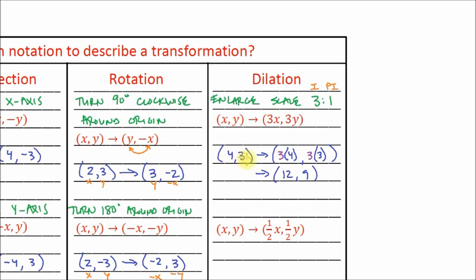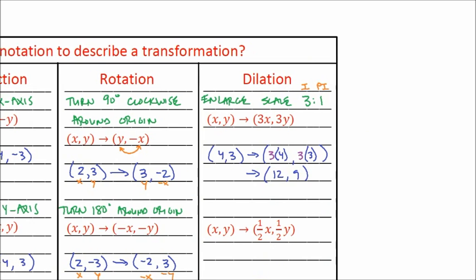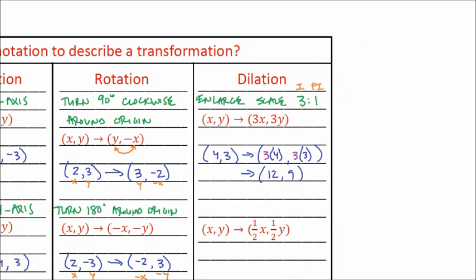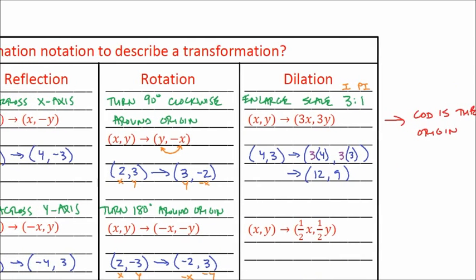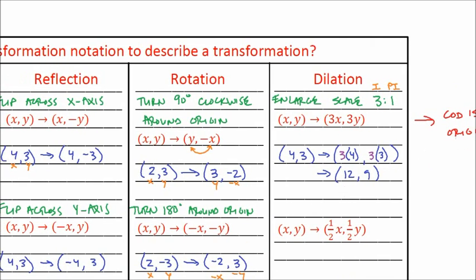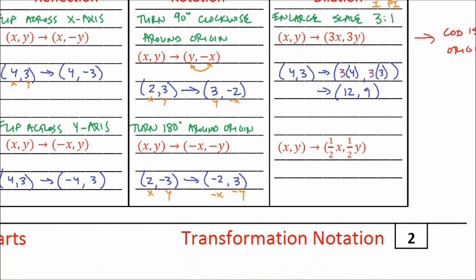So taking (4, 3) and enlarging it by a scale factor of 3 to 1 is going to get you to (12, 9). By the way, just like rotation, the COD, or center of dilation, is the origin. Let's put a little note here on that. In the notes right here, the center of dilation is the origin. Otherwise, this does not work. And that's the only thing you have to be able to do in this unit, is use the origin as the COD. One more example as we wrap this up.